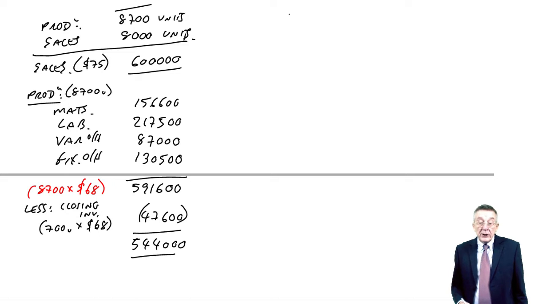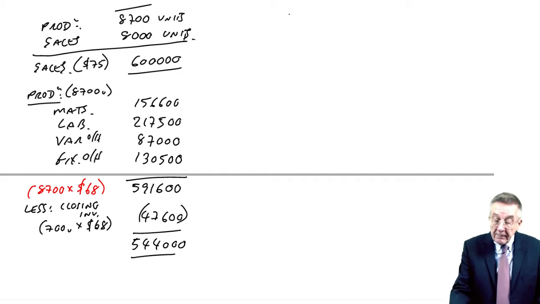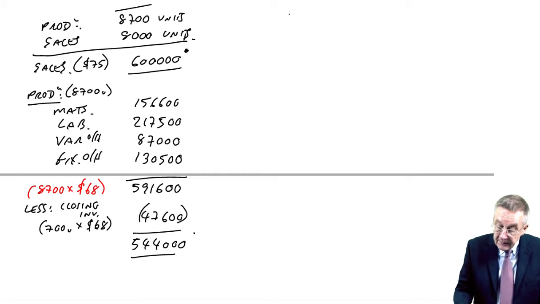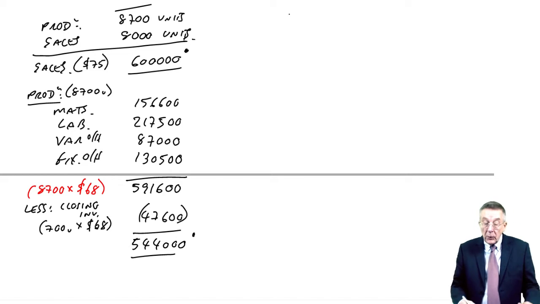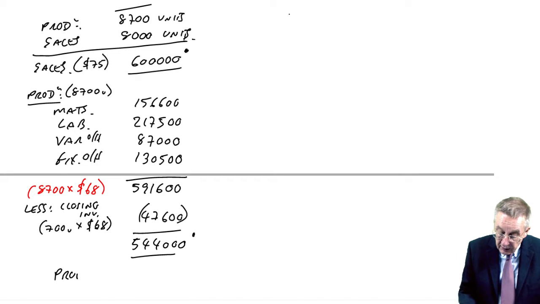So finally, the original budget profit: revenue of 600, cost of sales 544. The budget profit is 56,000.